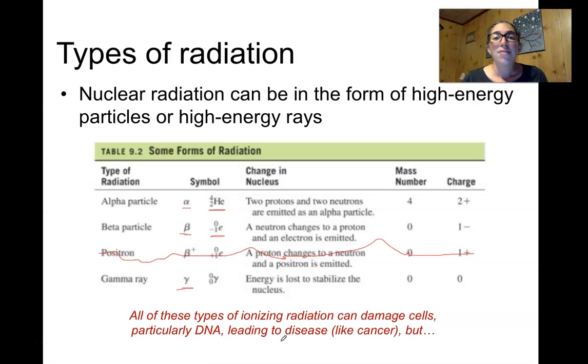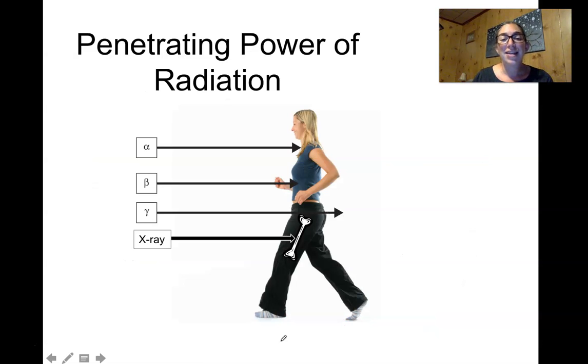So radiation is something you want to minimize your exposure to, because it can cause DNA breaks and mutations that ultimately lead to things like cancer. An X-ray is a type of radiation, but it's not a type of nuclear radiation. It's a different type of energy.